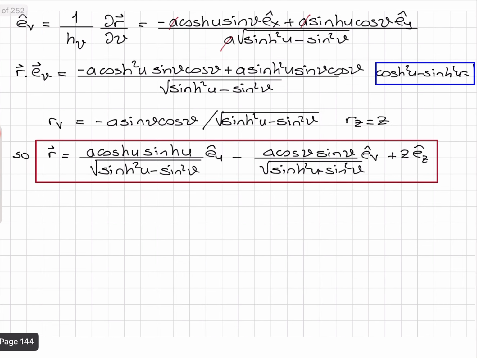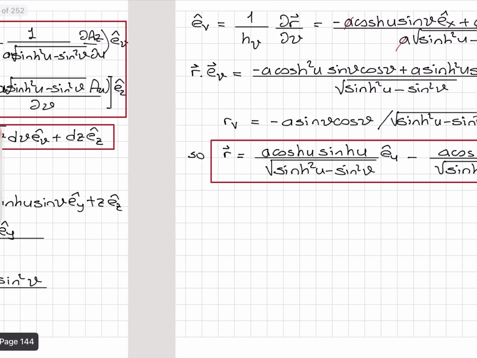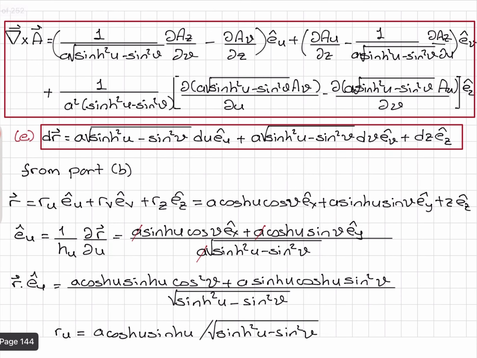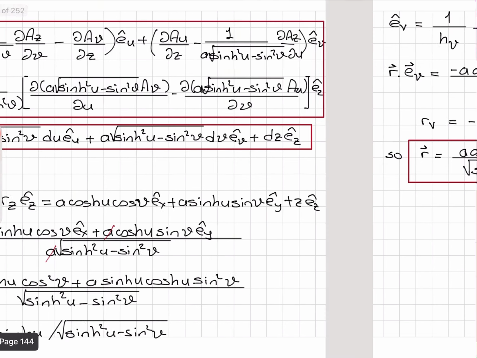Similarly, for ev hat, I took the derivative with respect to v and divided by the scale factor. This time I have the cosine v derivative, minus sine v derivative, plus cosine v, and doing the cancellations here. And then I find r dot ev hat by multiplying this.